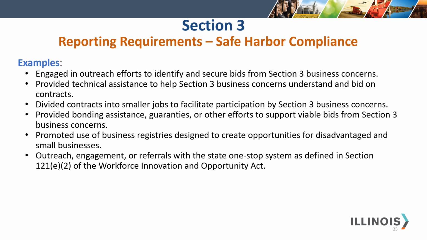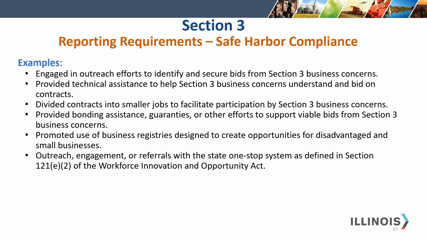Engage in outreach efforts to identify and secure bids from Section 3 business concerns. Provide technical assistance to help Section 3 business concerns understand and bid on contracts. Divide contracts into smaller jobs to facilitate participation by Section 3 business concerns.